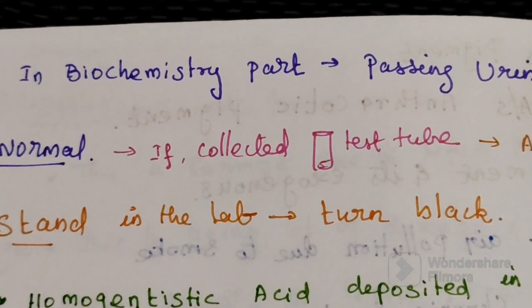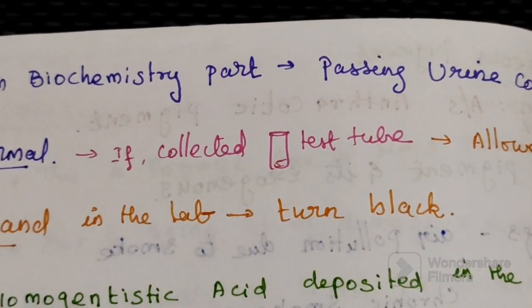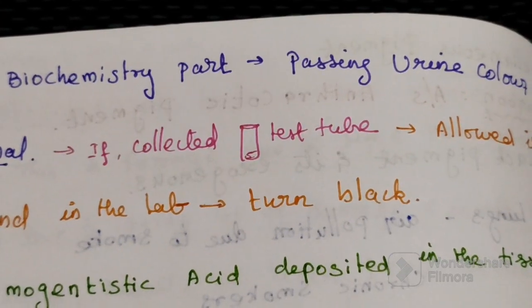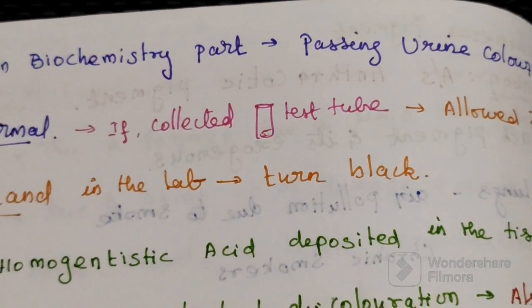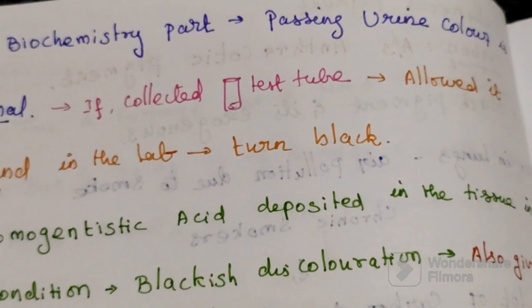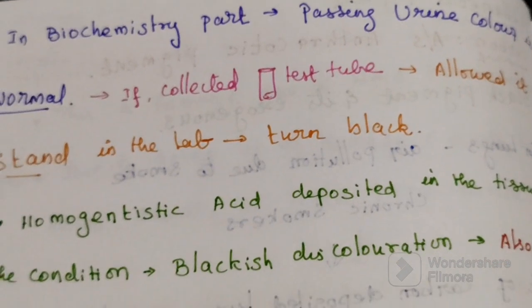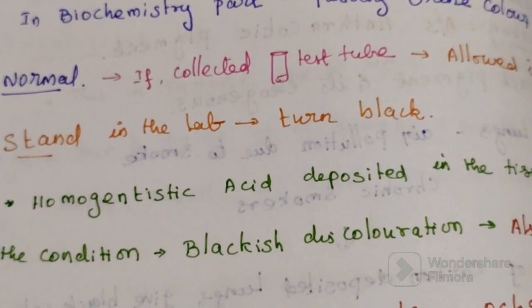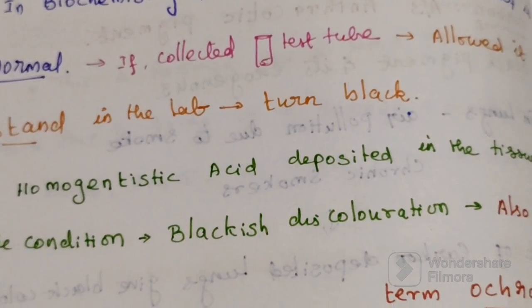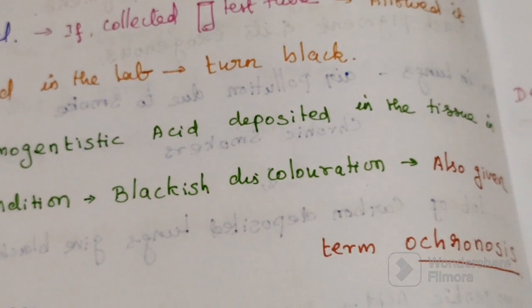In the biochemistry part, when the patient passes urine, the color of the urine is normal. If you collect it in a test tube and allow it to stand in the laboratory, it will turn black because the urine contains homogentisic acid.